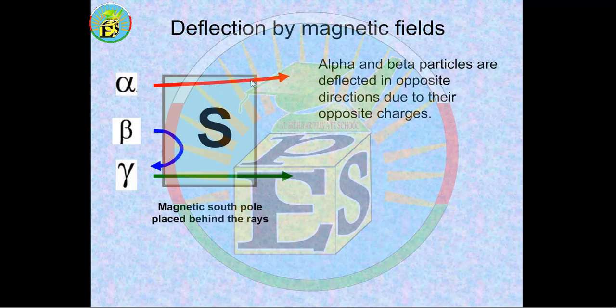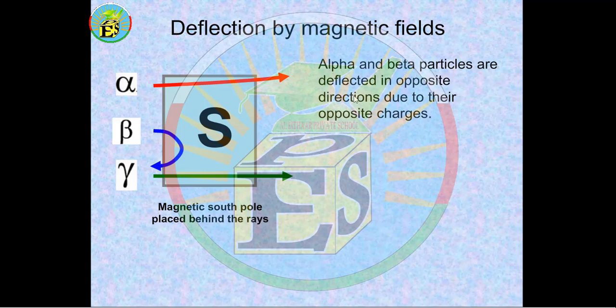Because alpha particle is positive, so it will be attracted to the negative electrode, and gamma ray is a wave, so it doesn't have any charge, so it will pass without any change in its direction. But beta ray is negative, so it will deflect back.